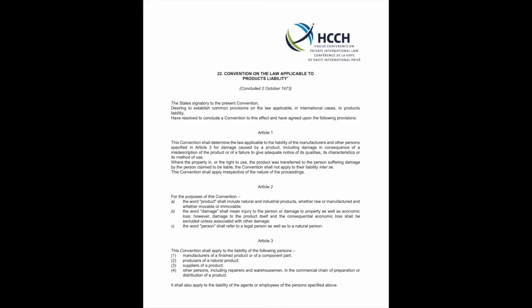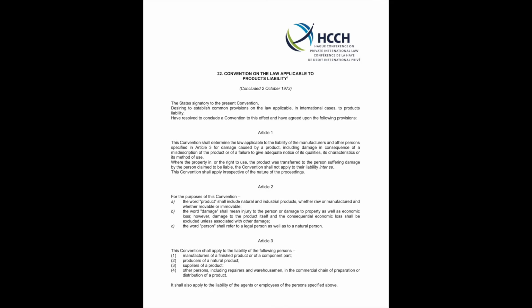And in applicable law, we are in a different scenario, because in this area we have a very, very important convention. We are going to see the Hague Convention of 1973 on product liability.